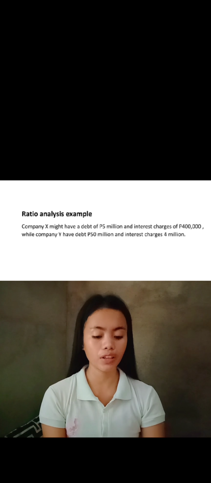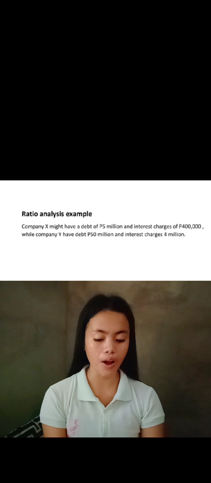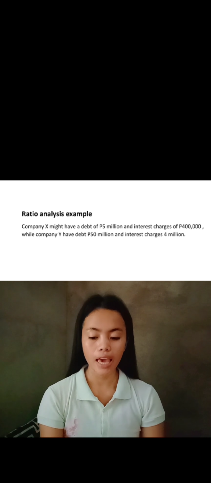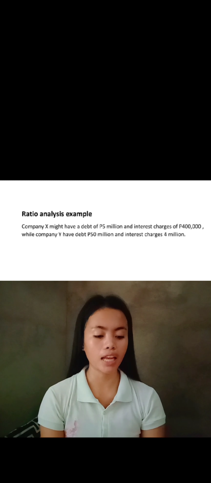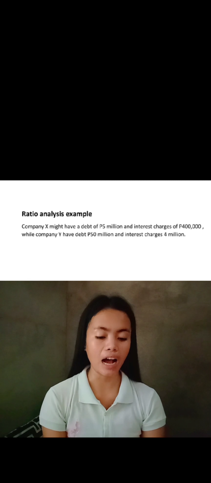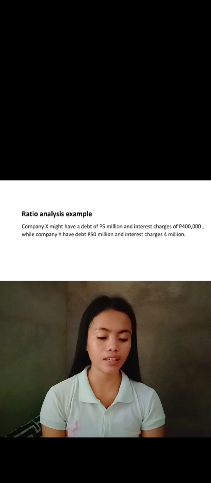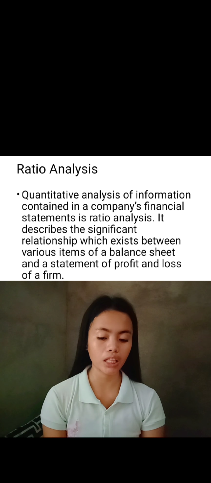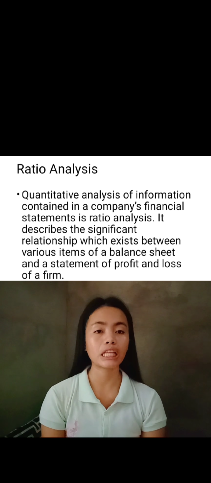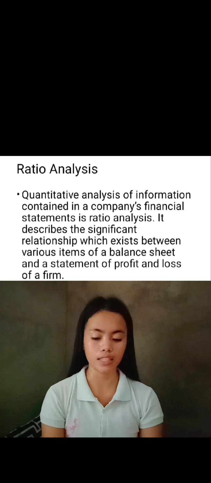So, what is given here is how much the debt is and how much the interest is. We cannot analyze each one's ability to pay just from that. Now, by comparing a firm's debt to its assets, and by comparing the interest it must pay to the income it has available, that comparison is what we call ratio analysis.